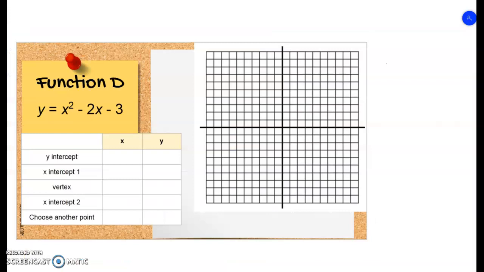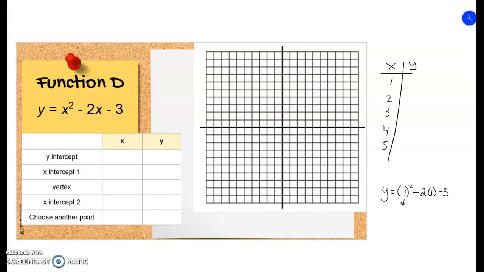So off to the side here, I'm going to create an x and y table because I want to figure out what these points are. I'm going to choose maybe 1, 2, 3, 4, 5, just basic numbers. Anywhere I see an x, I'm going to put a 1. So for my first one, y equals 1 squared minus 2 times 1 minus 3.